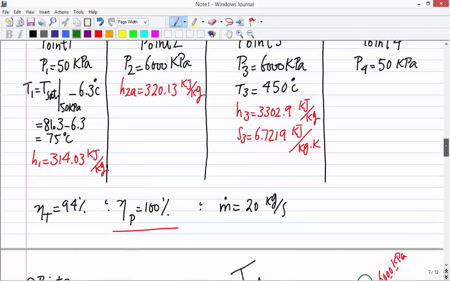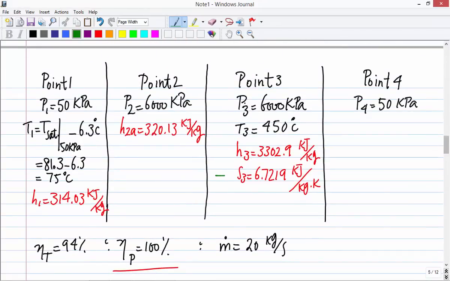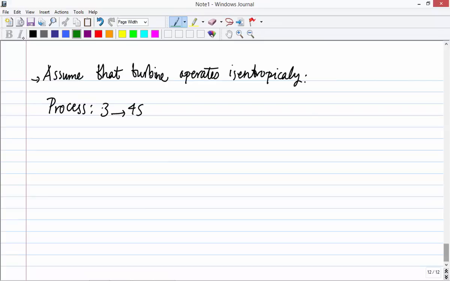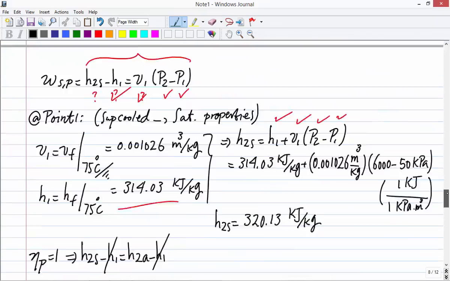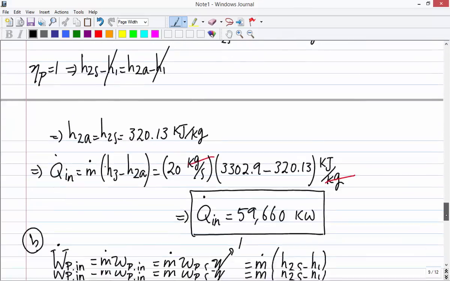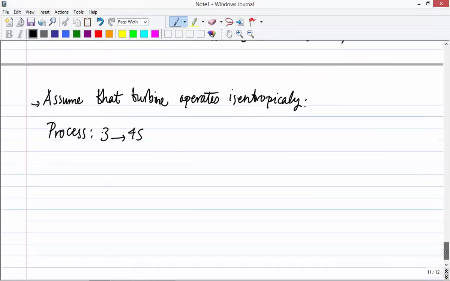So you remember now why I picked this guy, because now I can say that at point 4, I just know pressure. That's all I know at point 4. See, he's lonely here. Point 4, just pressure. And we need to know another intensive property, which entropy can be.